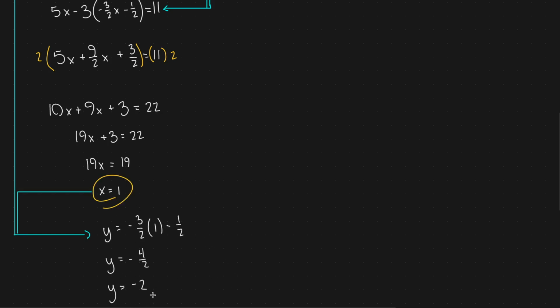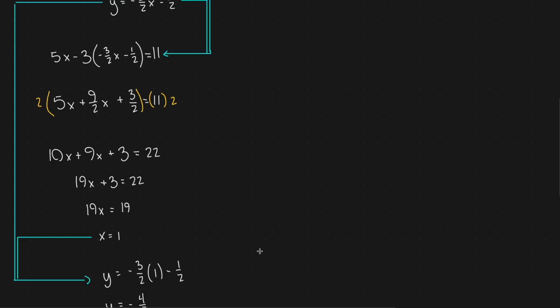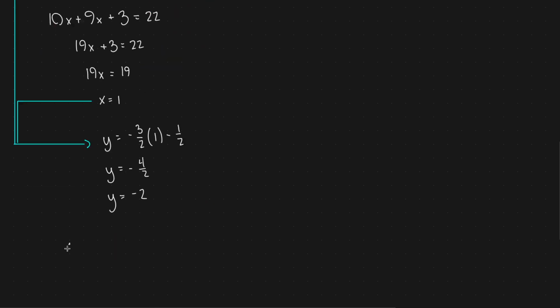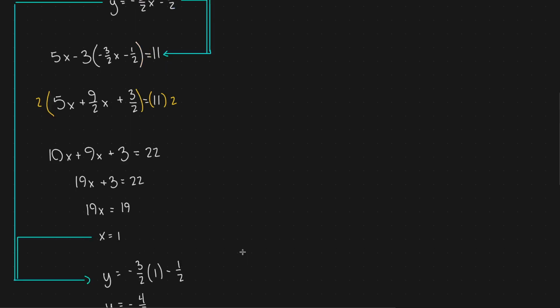So my x is 1, my y is negative 2. And so together, that is my solution to the system: (x, y) equals (1, -2). Okay? All right, so that's method 1.